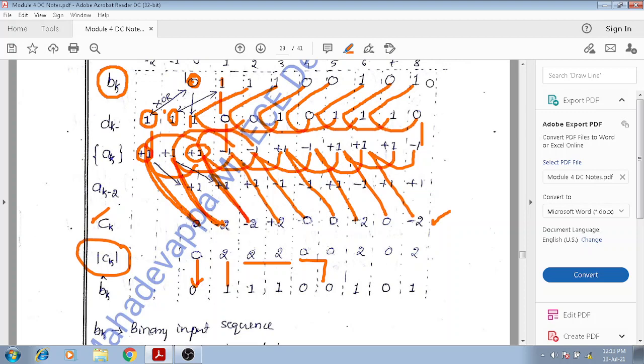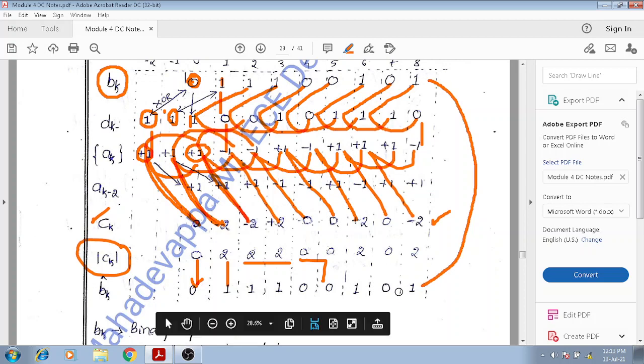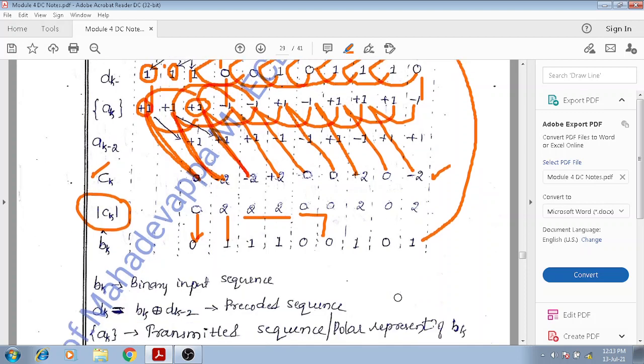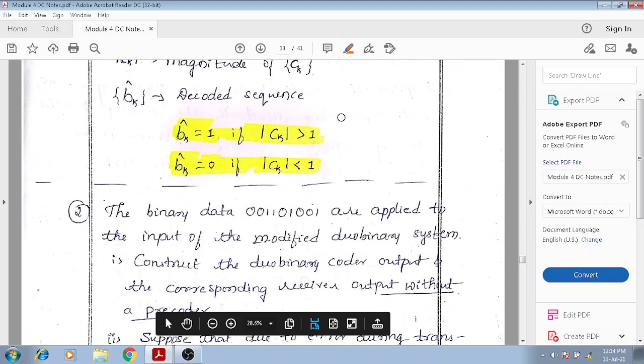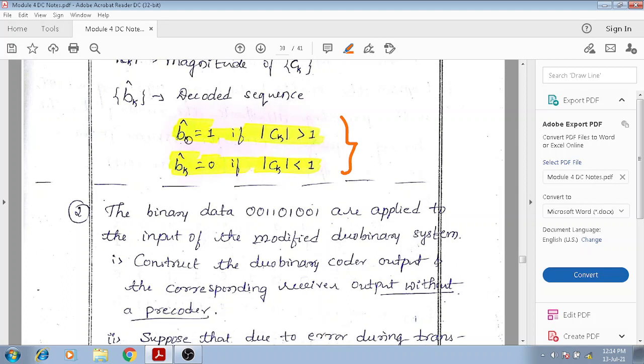Now see the input sequence and output sequence at the decoder. Are they same? Yes, both are same. So this is the decision rule: if the magnitude of Ck is greater than 1, then the estimate of the binary sequence Bk is equal to 1. If it is less than 1, then it is estimated as 0.